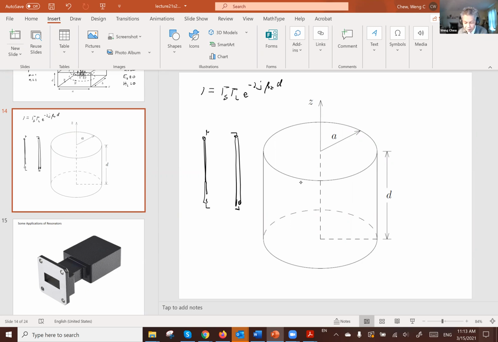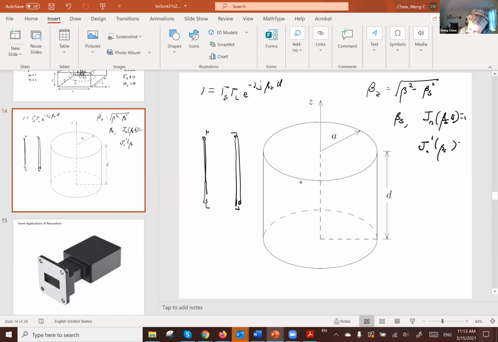Okay, you go back and find the resonance condition. Of course, beta z is not easy to find for a circular waveguide. It will be given by the square root of beta squared minus beta s squared. And beta s squared is not easy to find because those are found by finding the zeros of the Bessel function or the zeros of the derivative of the Bessel functions.